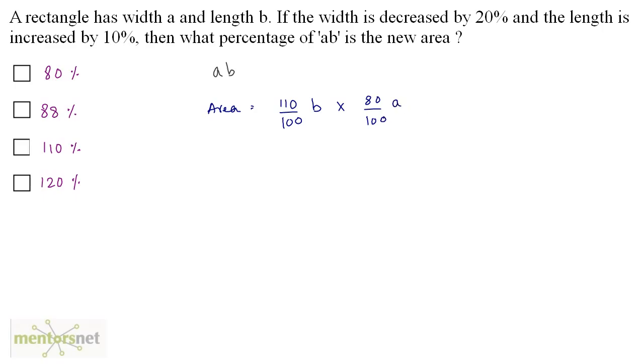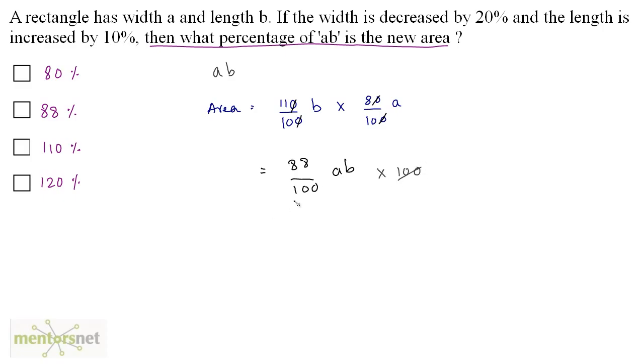Now we need to calculate what percentage of AB is the new area. Let us solve all of these terms. Cancelling out these zeros, we have 88 upon 100 AB. Now this is not in percentage. To convert this into percentage, you have to multiply it by 100.